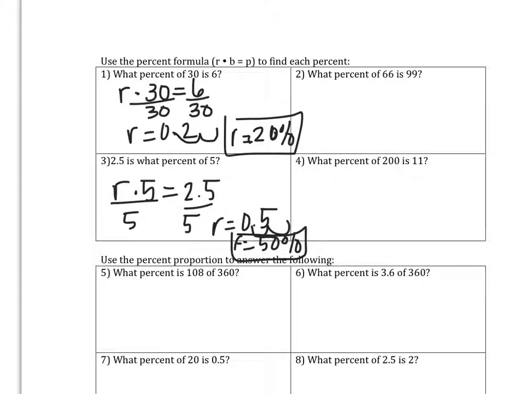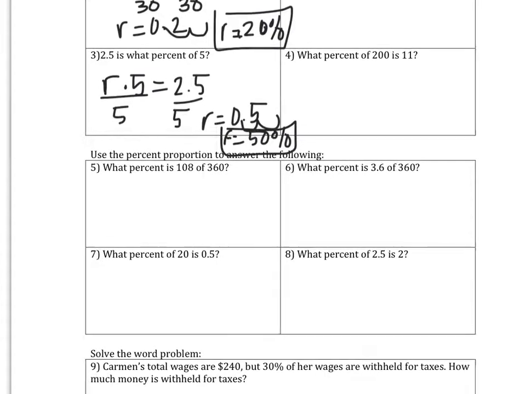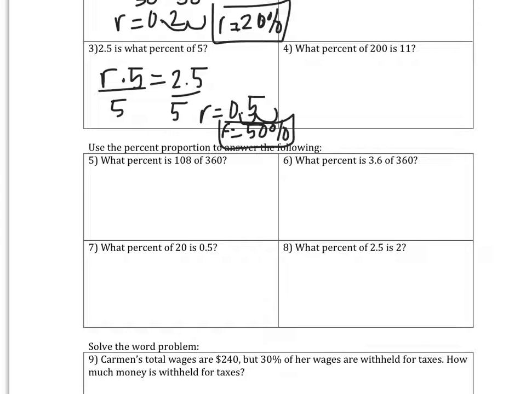Okay, now let's take a look at number 5. On these we're going to use the percent proportion to answer the following. Number 5, what percent is 108 of 360? So "is" over "of" equals percent. What percent is 108 of 360?